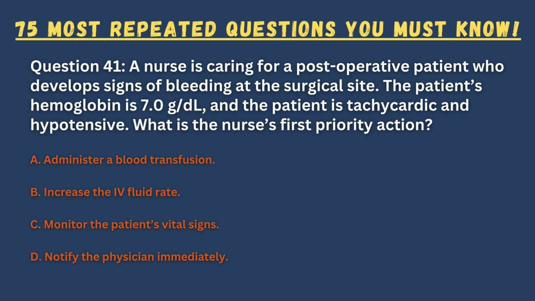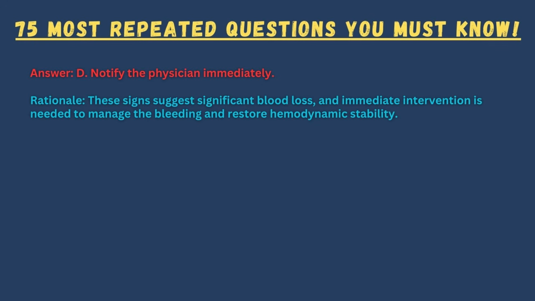B. Increase the IV fluid rate. C. Monitor the patient's vital signs. D. Notify the physician immediately. Answer: D. Notify the physician immediately. Rationale: these signs suggest significant blood loss, and immediate intervention is needed to manage the bleeding and restore hemodynamic stability.